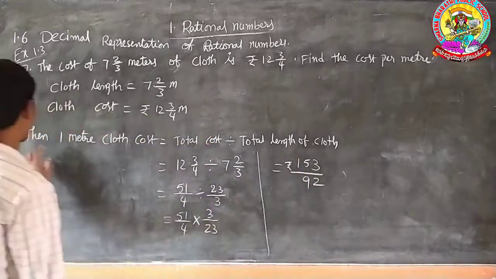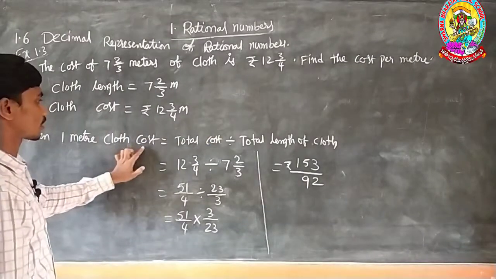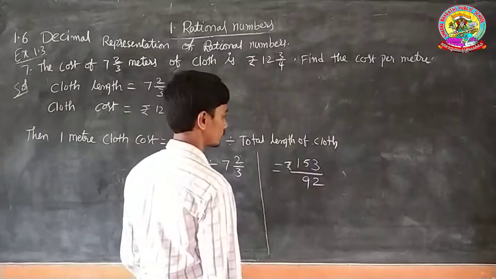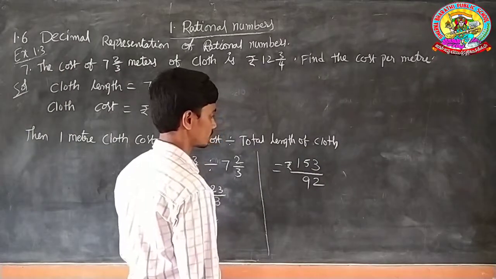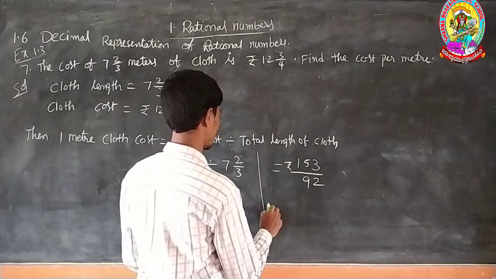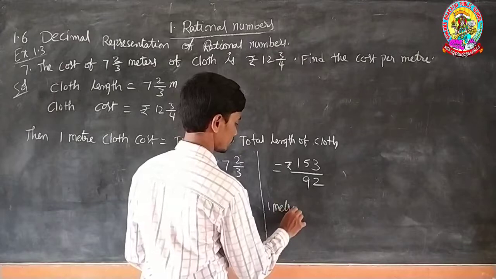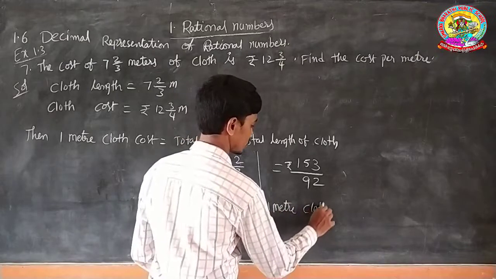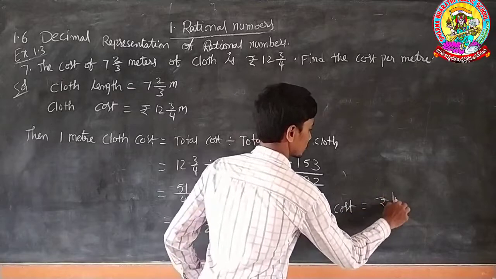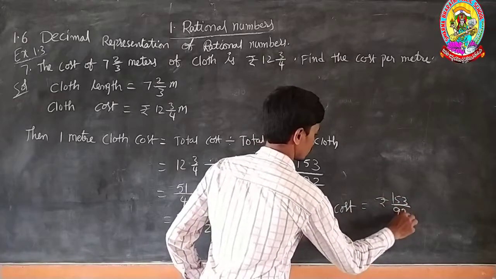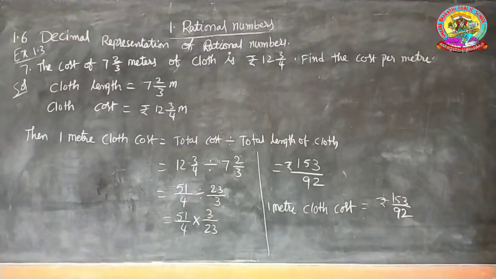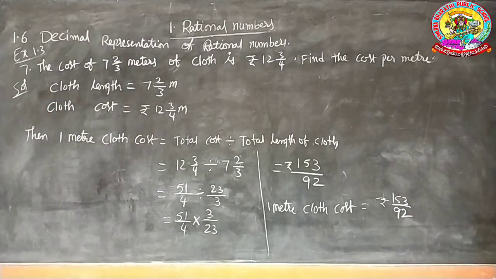So 1 meter cloth cost is equal to 153/92 rupees.